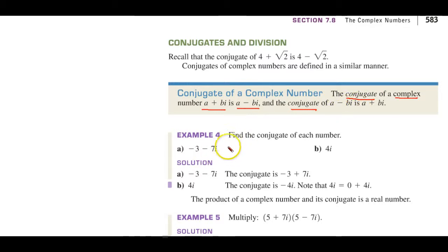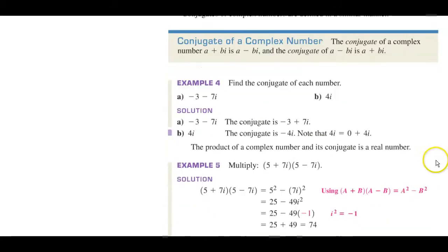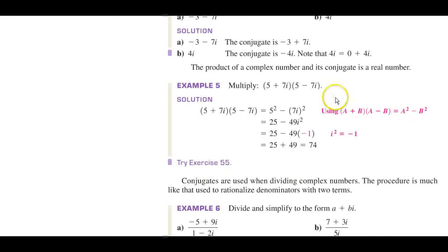Again, it would be a negative 3, but now opposite sign, plus 7i. Now here it's just going to be a negative 4i, opposite signs. Okay, and then now we're going to practice multiplying conjugates.